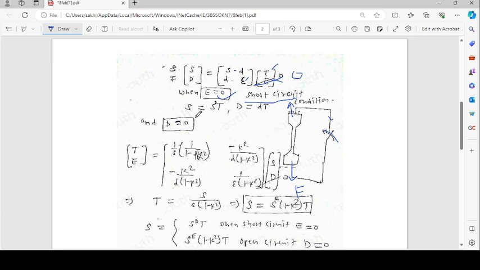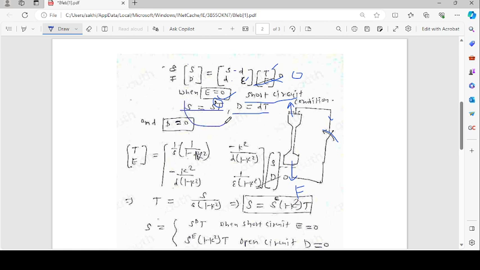Then you solve this, and you find that S equal to sE T and D equal to d T. Like we use the short circuit condition, so we use superscript E, which indicates that the electric field is zero. So this is our first condition, when the electric field is zero.